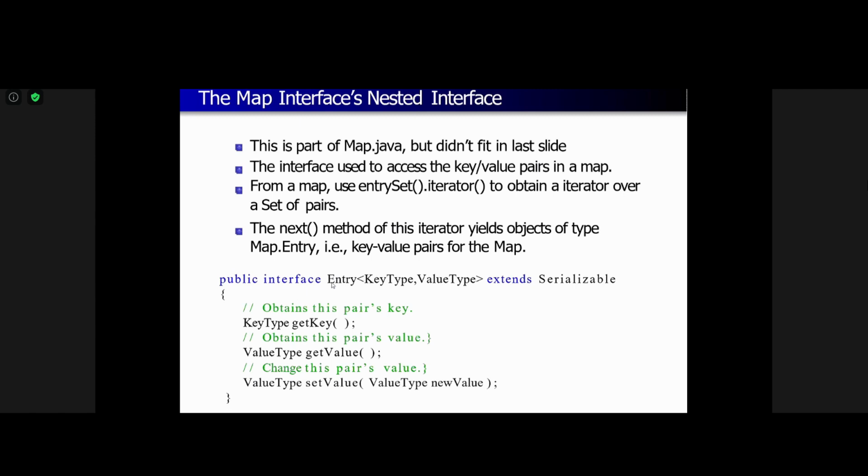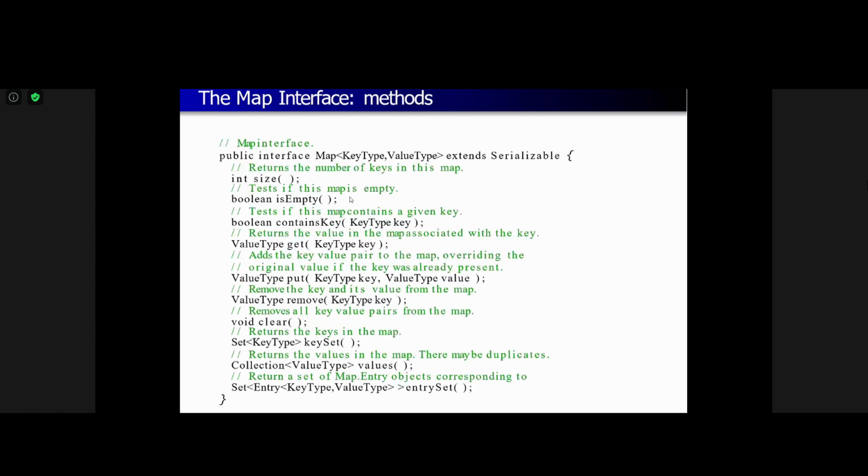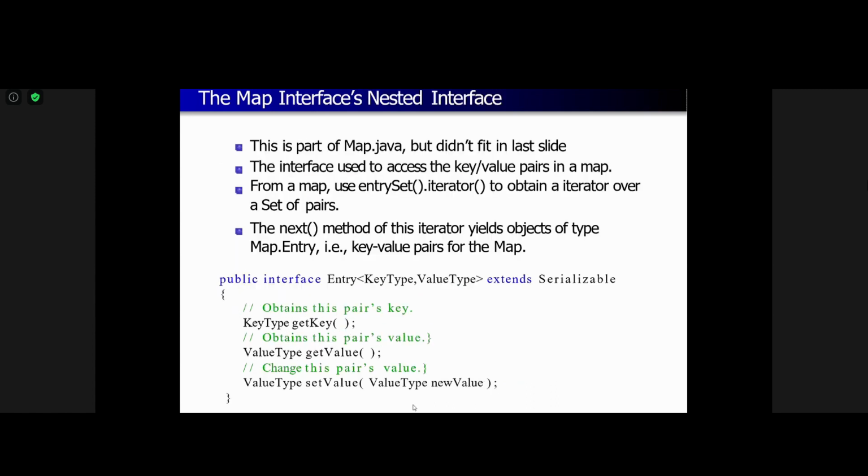Okay, so how do you actually see these? If you call entrySet, if you remember, go back here. EntrySet, that's the one that returns a set of entry of these key type and value type. So you get the entry set, and that's a set. Then you ask for an iterator, and you'll get an iterator over this set of pairs, over these entries that look like this.